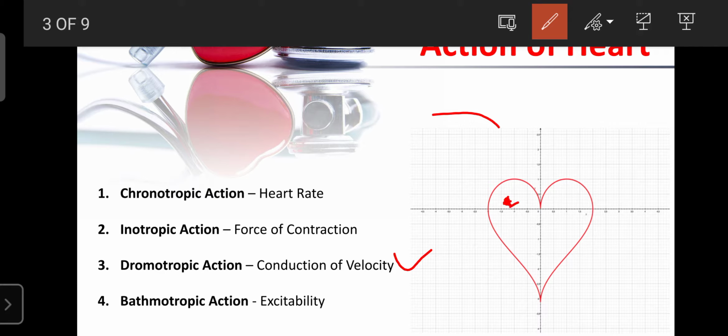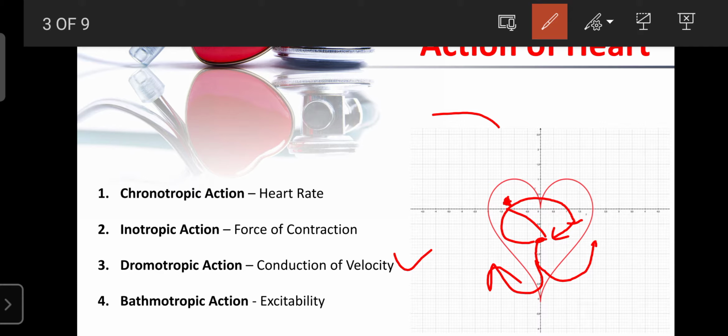It can migrate towards the AV node, which is present between the left and right atrium in the lower part. From here it enters downward, then it takes a bifurcation, and it completes the ventricle.